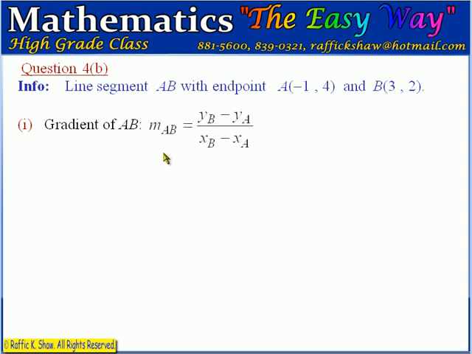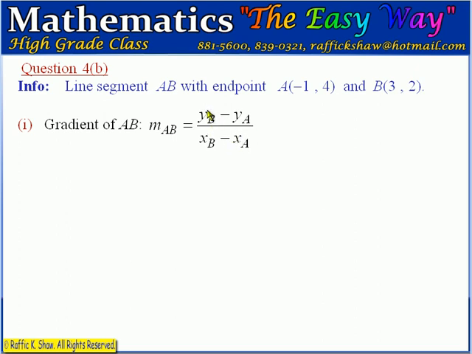And so this is it. The gradient of AB, represented by this m_AB, is the difference in y divided by the difference in x. And we can take the difference in y by doing the B component minus the A component. But if we do the B component minus the A component when we are taking the difference in y, then we also have to do the B component minus the A component when we are taking the difference in x.